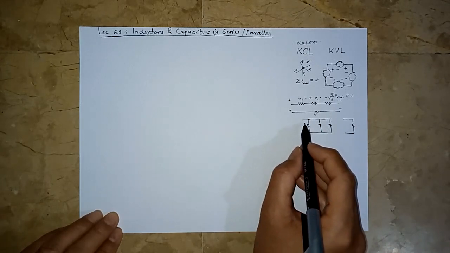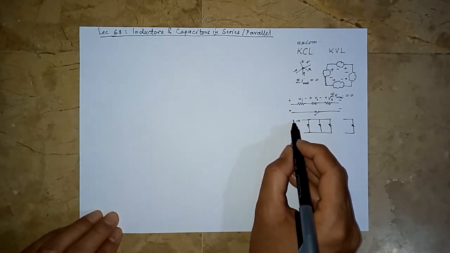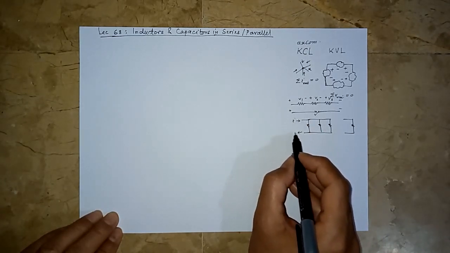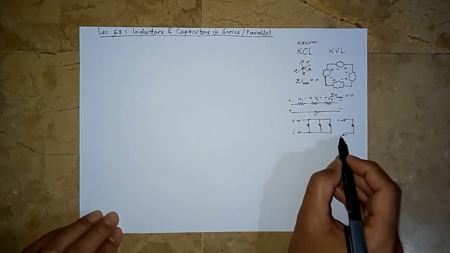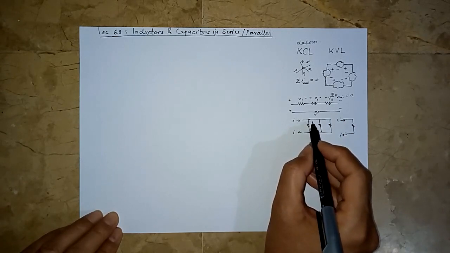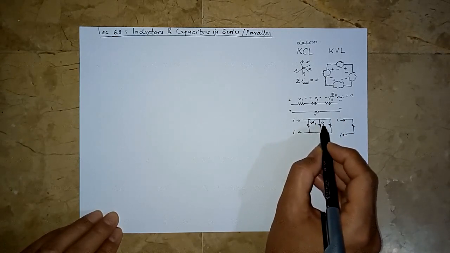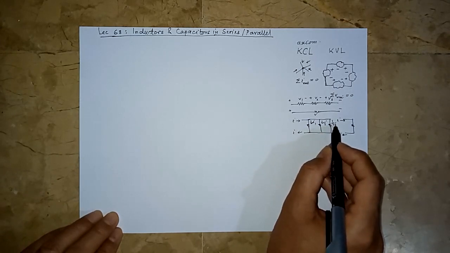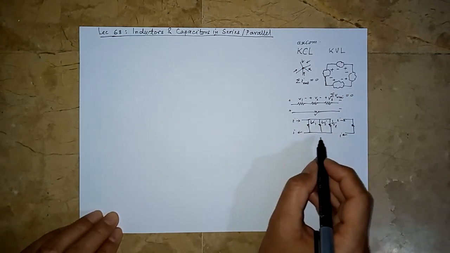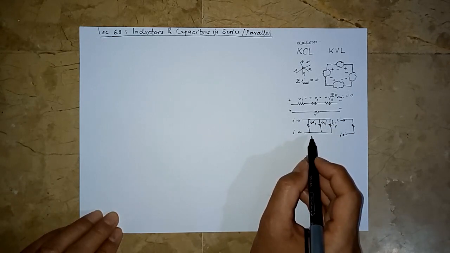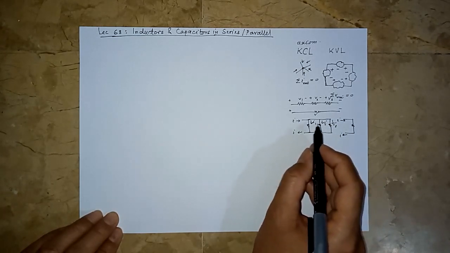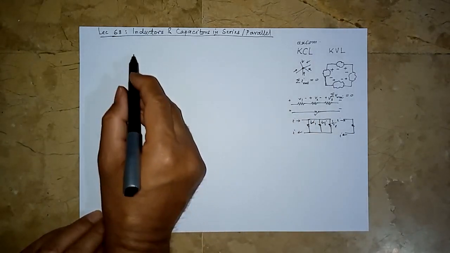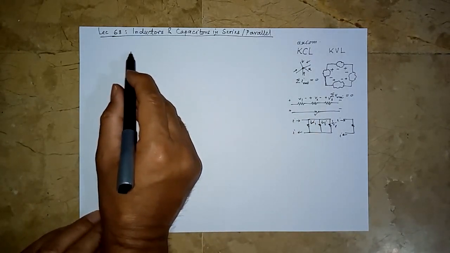And here we know that the current going into this and coming out of this must be the same, and we can use KCL here. So all these currents I1, I2, and I3, the sum of these must be equal to I. KCL basically helps us resolve how elements in parallel behave, and KVL, how elements in series behave.